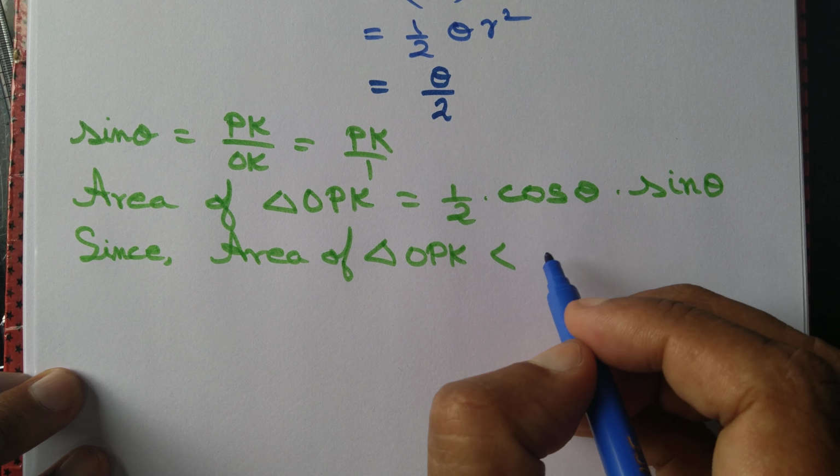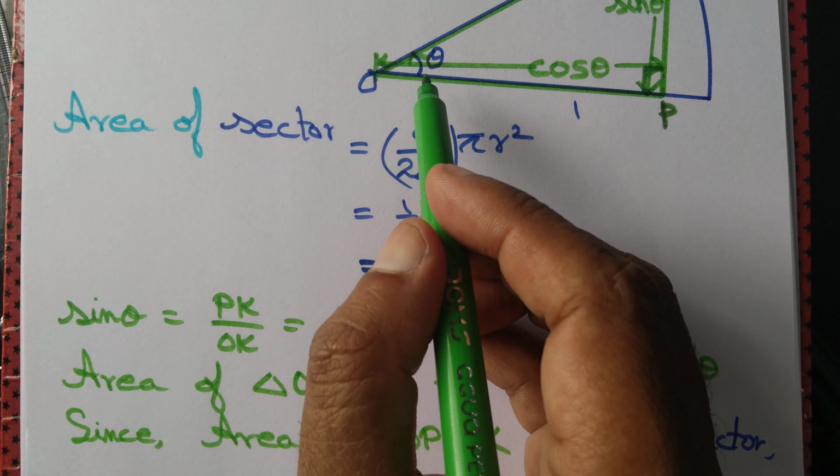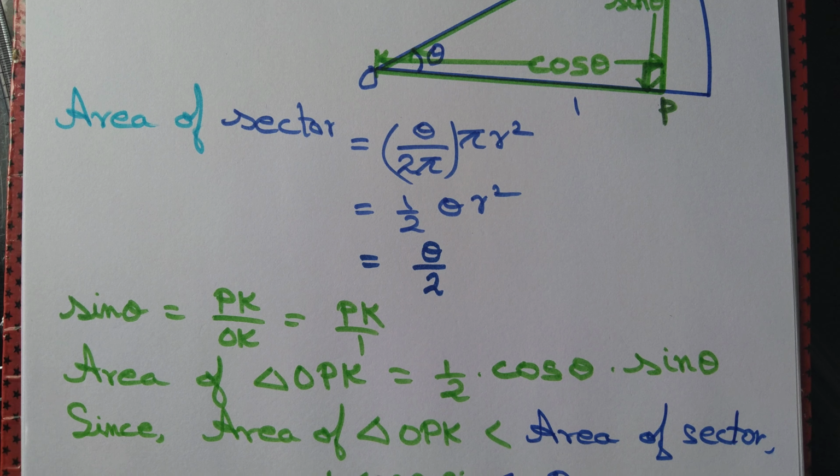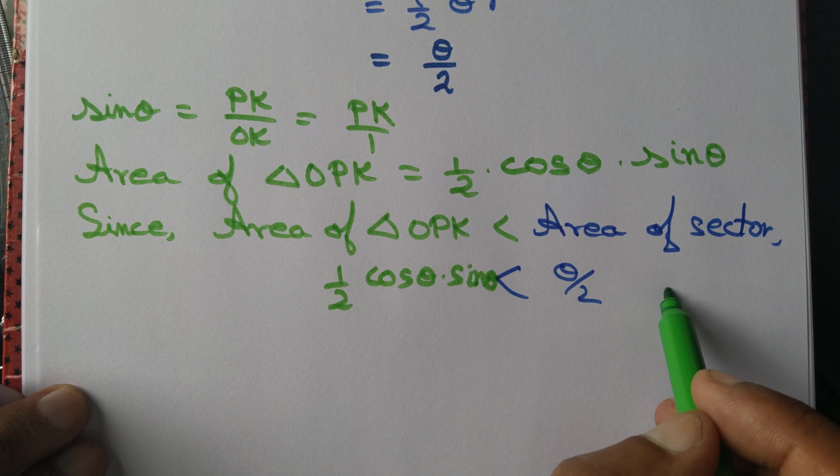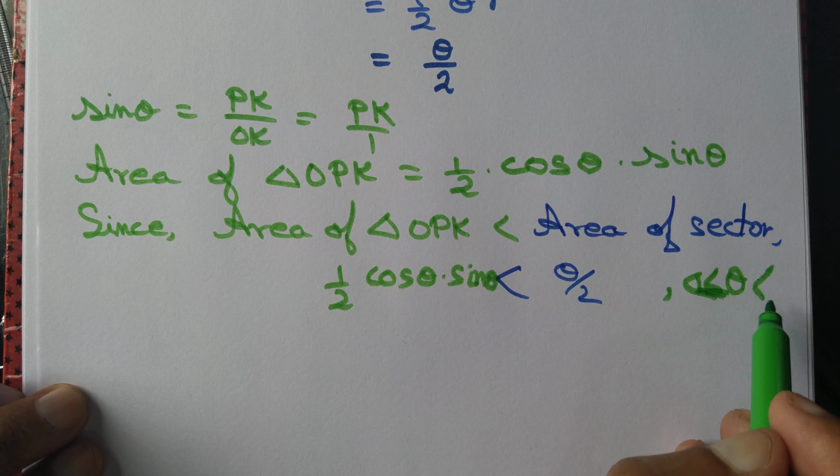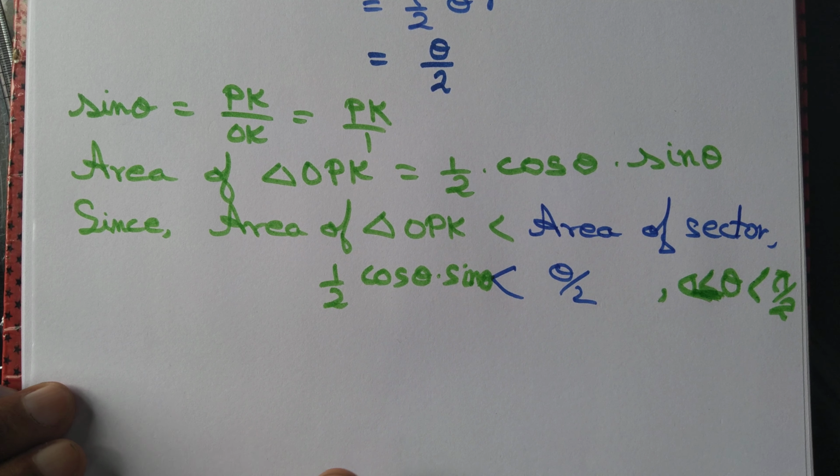Area of sector, we obtain theta by 2 is bigger than the area of triangle, that is half cos theta sin theta. Obviously we assume angle theta to be in anti-clockwise direction, and further we assume that theta is lying between 0 and pi by 2 to make our work easier. In fact, let's assume just greater than 0, not even equal to 0, and less than pi by 2.